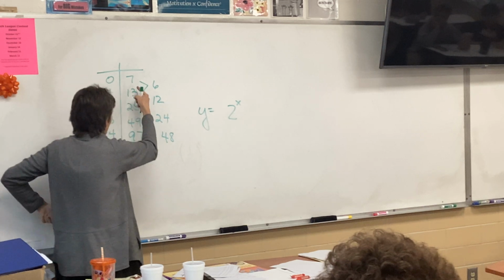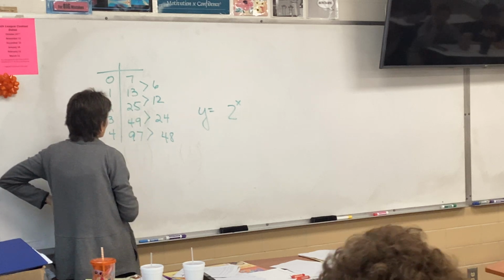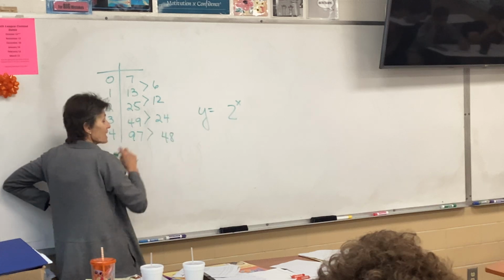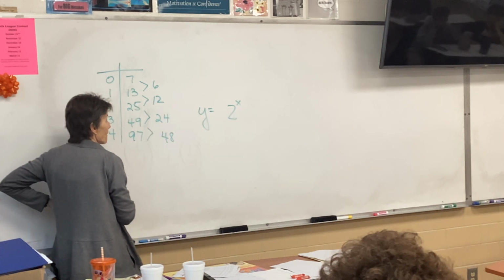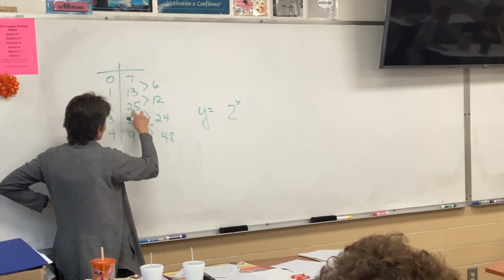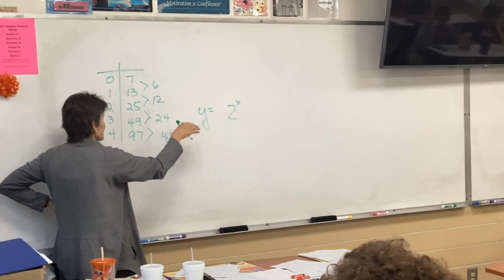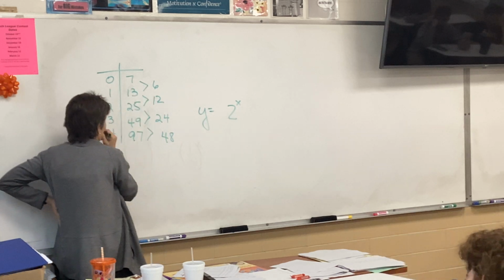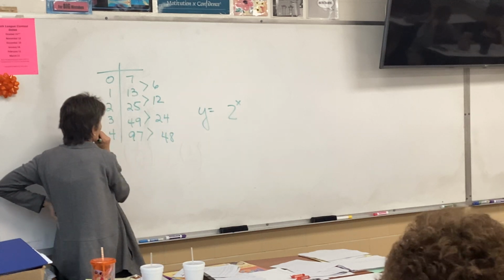Take a look at these outputs. We've modified our exponent. Something has happened to the exponent. Or maybe not the exponent. Something's happened to the vertical shift. Look at these values here.